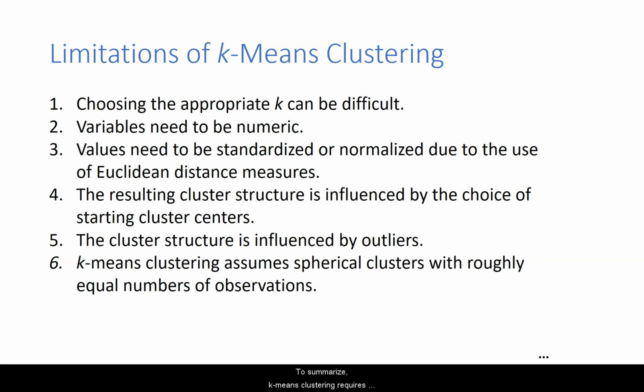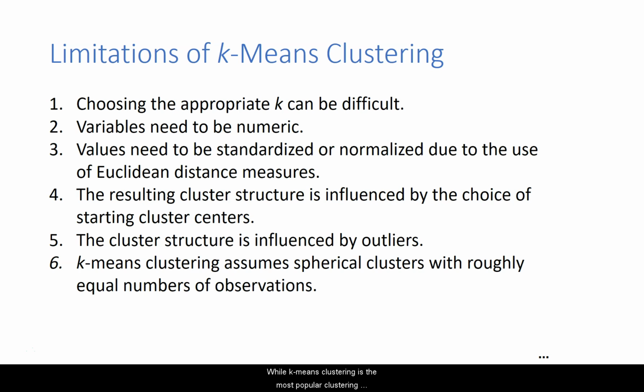To summarize, k-means clustering requires that we pre-specify the number of clusters k prior to the analysis. Starting from the randomly selected k cluster centers, the algorithm takes an iterative approach to assign the observations to their nearest cluster centers and update cluster centers until the cluster structure no longer changes.